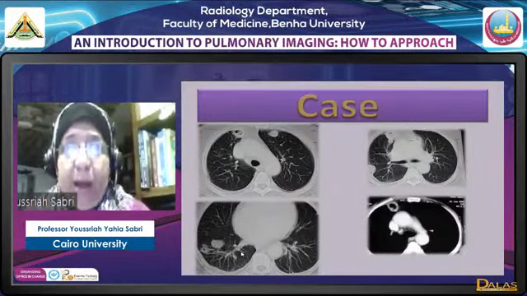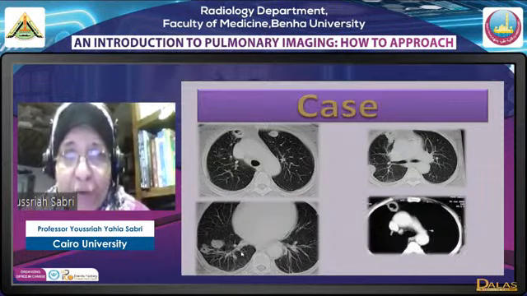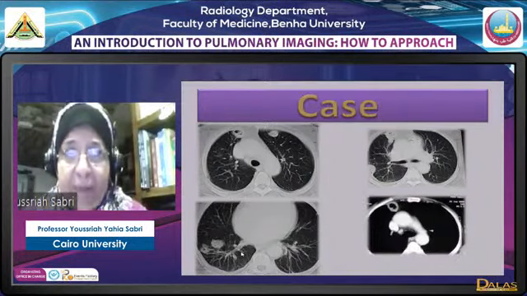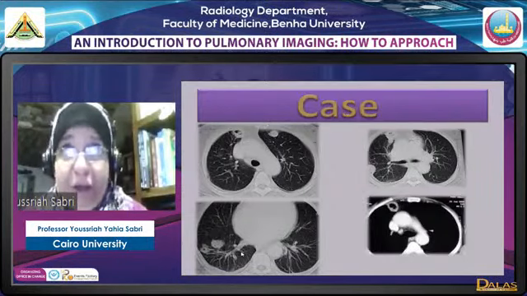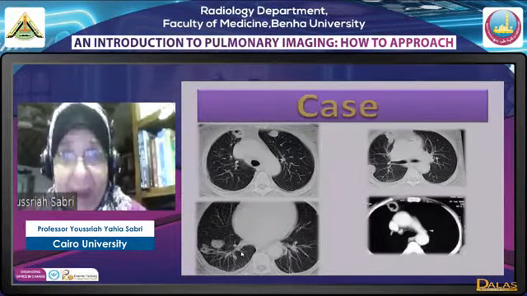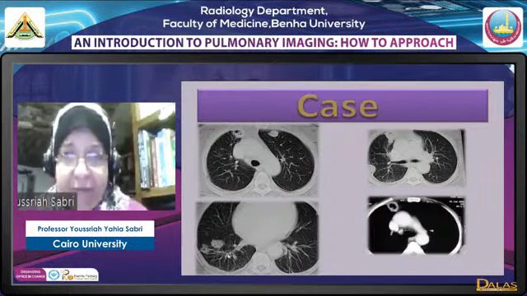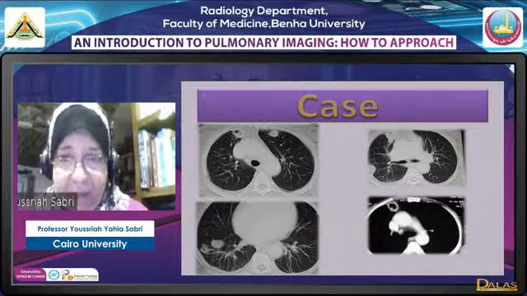If those nodules with cavitations are bilateral and countable, we may also add a third differential diagnosis, which is a vasculitis. Here we have nodules which are well defined and some of them showing cavitation. So we have the three possibilities.